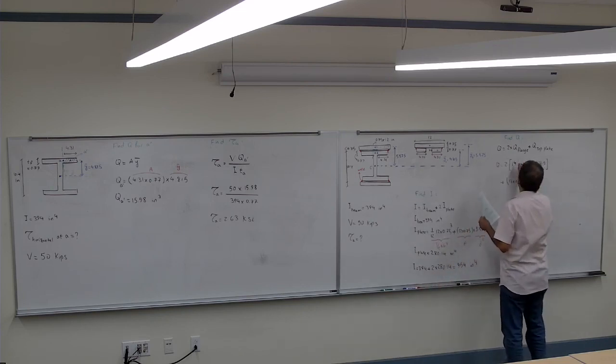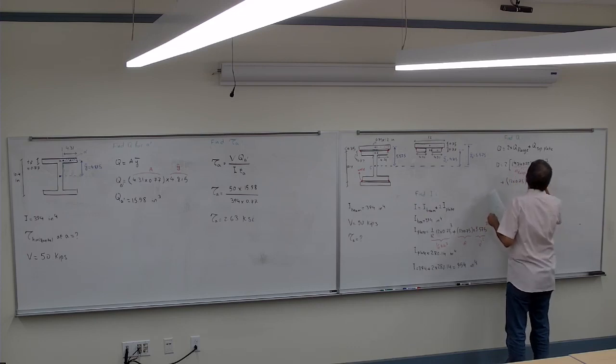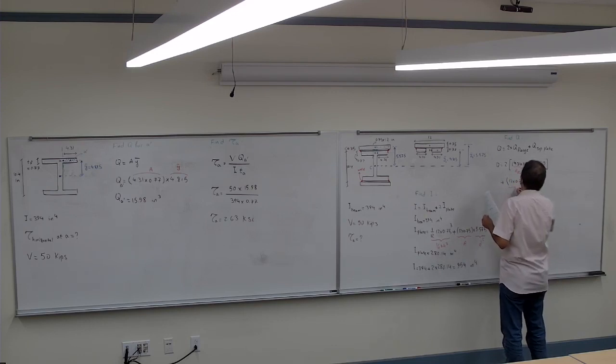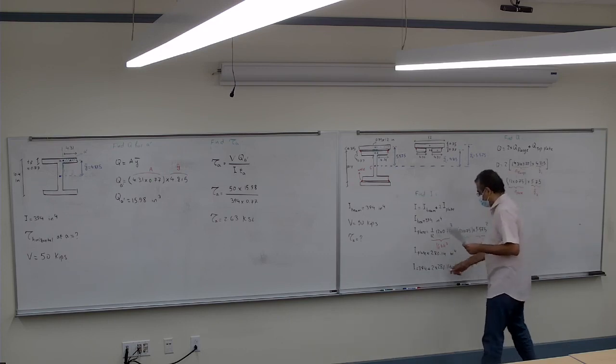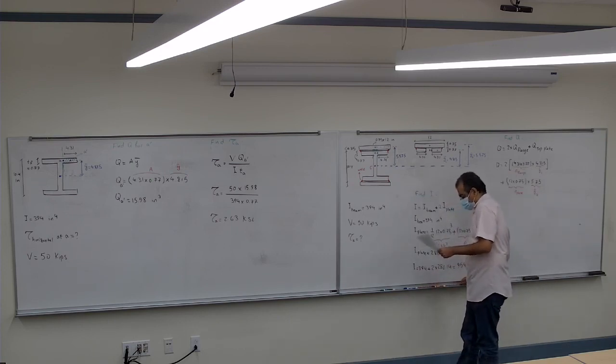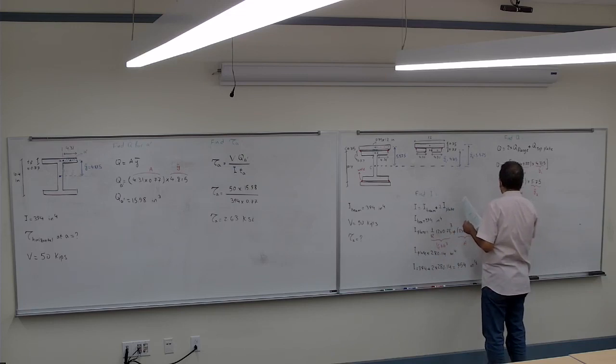So that's the area for the flange, that's the y bar 1, that's the area for the plate, and that's the y bar 2. So the Q eventually becomes equal to 82.1 inch cubed.